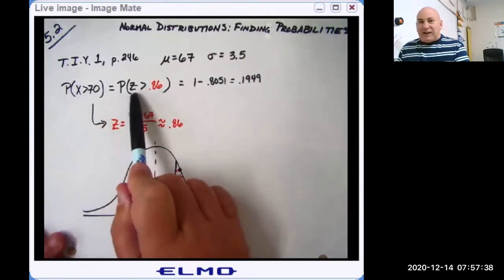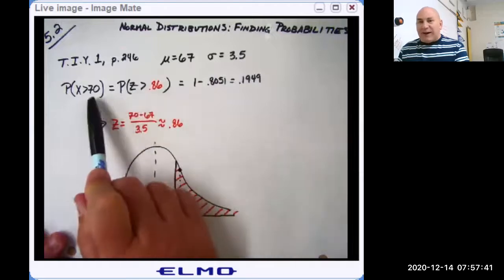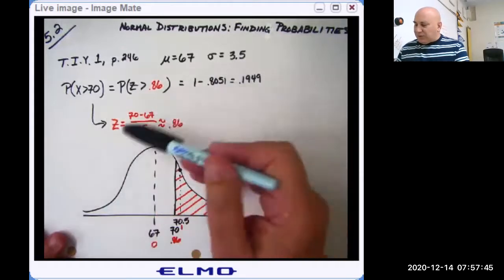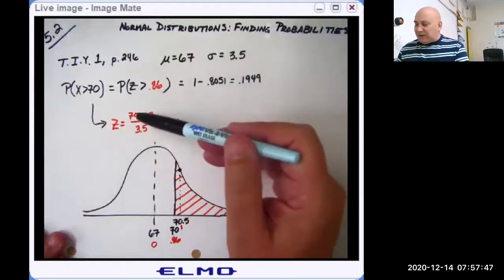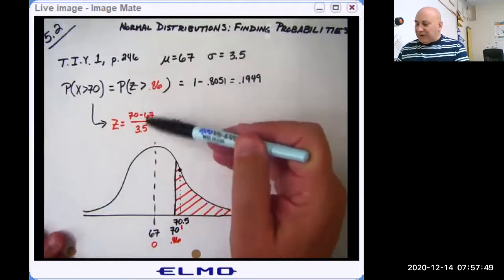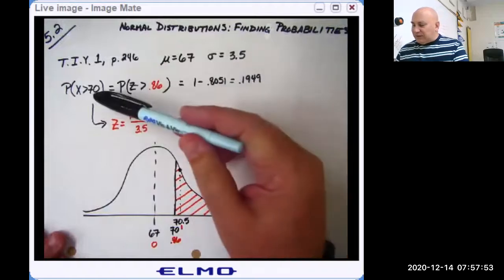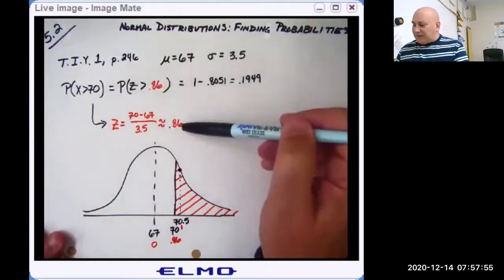I need to restate the problem in terms of z, so I have to convert 70 to a z-score. The standard normal variable z is a value minus a mean divided by a standard deviation. So we can see that 70 is 0.86 standard deviations above the mean.